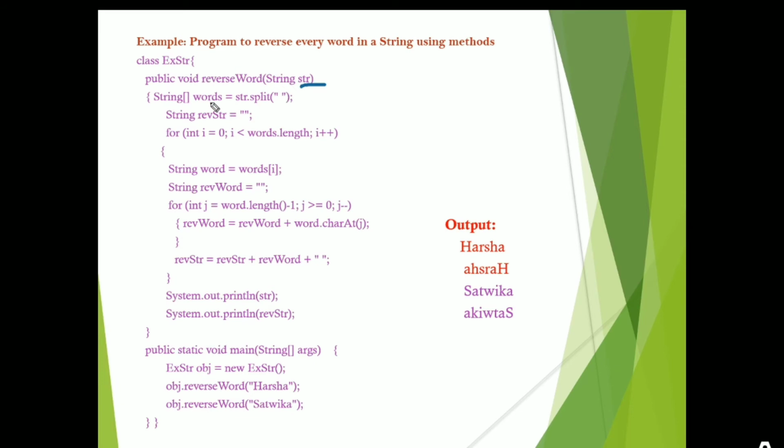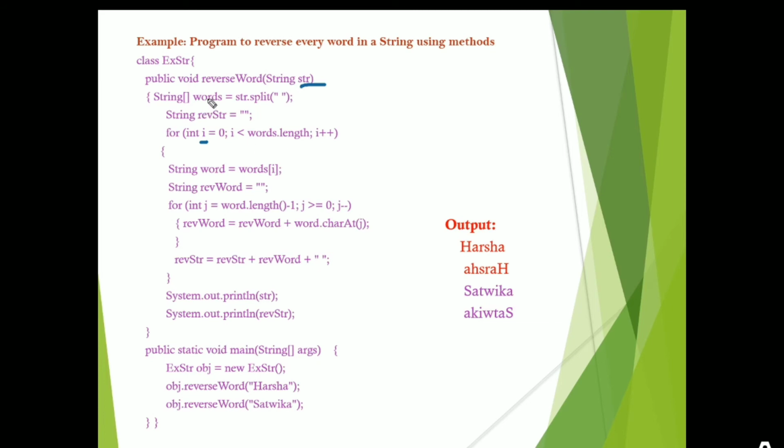And the string reverse is equal to, first, the empty string. Within words, we assign what we pass in the string. Since this is an array, we use a for loop over index positions, with int i from 0 to words.length.